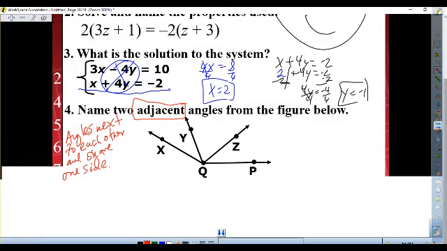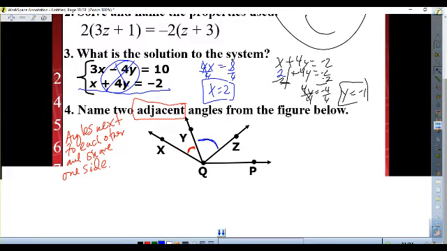Now, for those of you that this is something new, if you notice, all these angles here have something in common, the letter Q. The letter Q is known as the vertex because that's the beginning of the angles, or that's what makes the angle. So let me show you the different angles here. The first angle here that I'm going to sketch is XQY. Let me show you another angle.